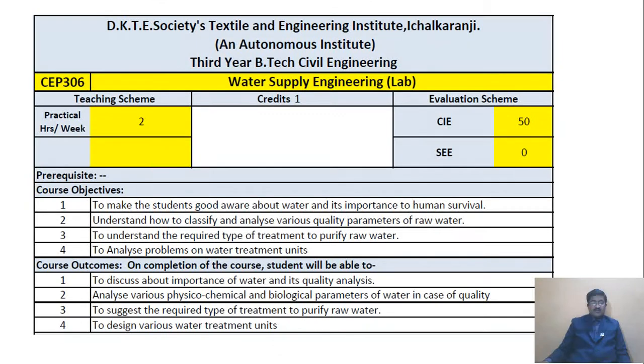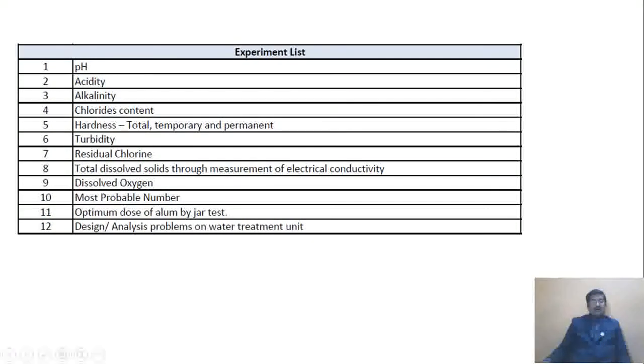Then the experiment list is very interesting, in which we are going to study various laboratory aspects of water. The first ones are to find the pH of water, acidity, alkalinity, chloride content.